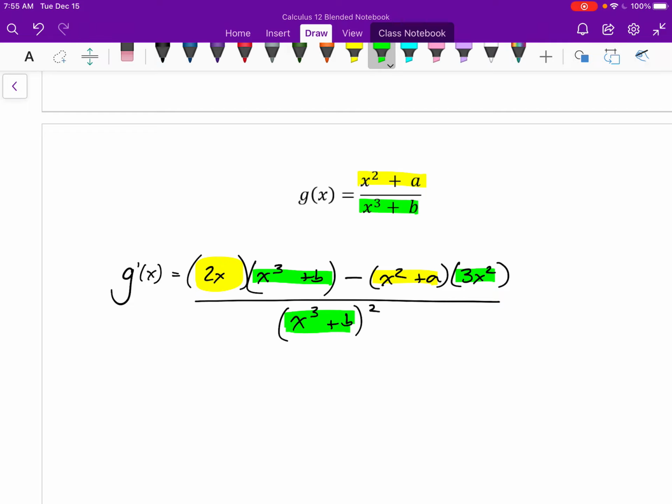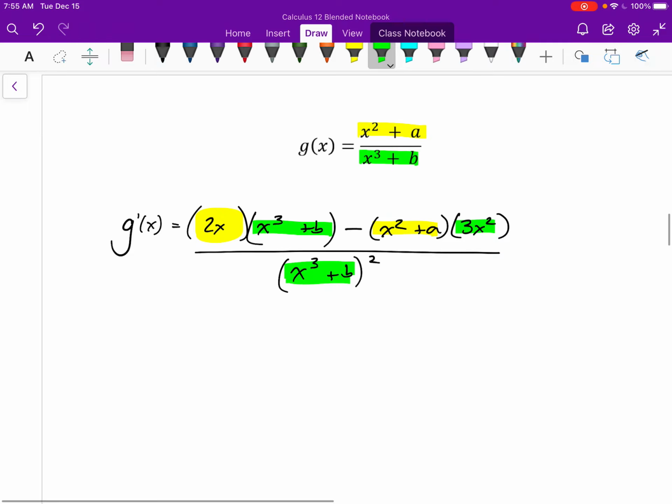Now that's it. I am done, but I can probably clean this up a bit. Distribute the 2x and the 3x squared.